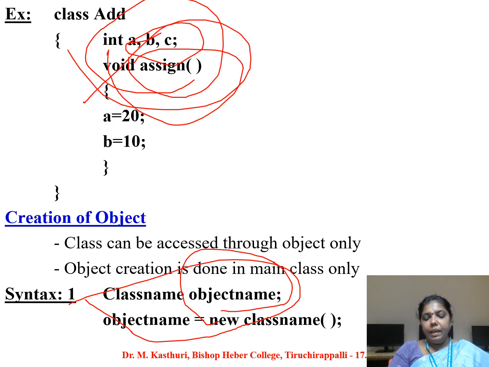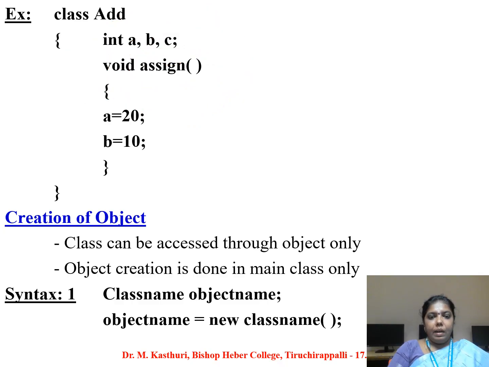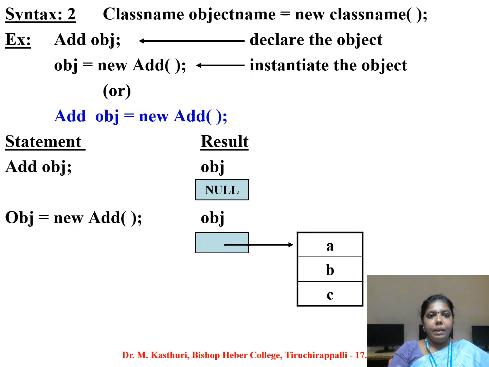Finally, you specify the class name along with parenthesis and a semicolon. Using this syntax, we can create an object for an external class, and the blue color line is helpful to create an object for an external class in a single line.